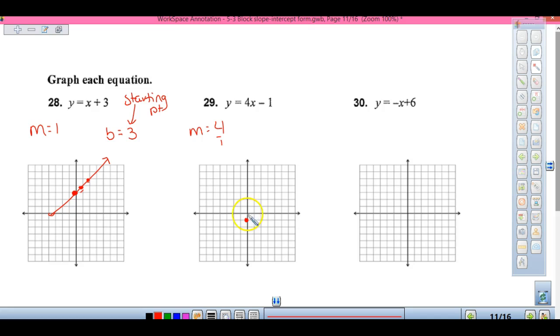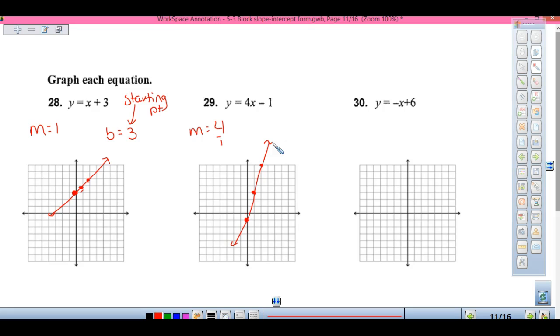So we go up 4, 1, 2, 3, 4, and over 1. And then from that point, we do it one more time. 1, 2, 3, 4, and over 1. And then I can draw my line.